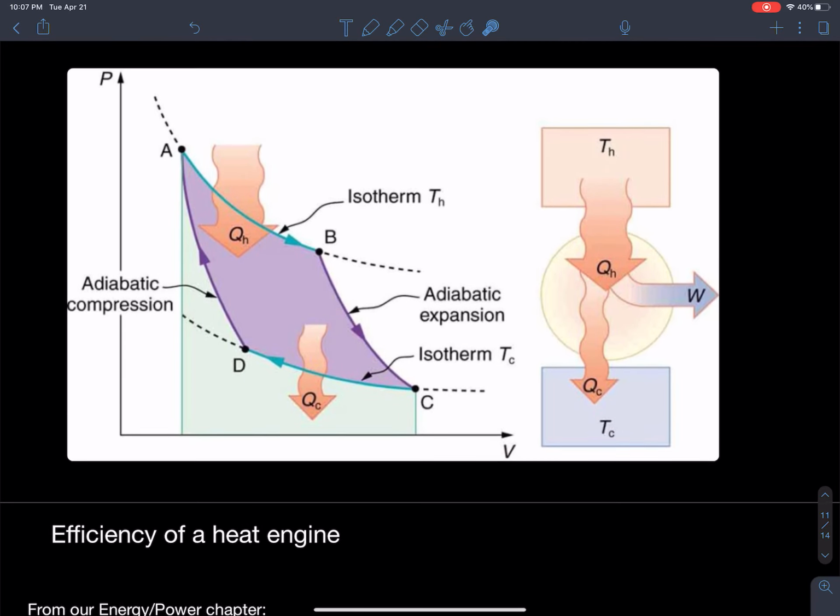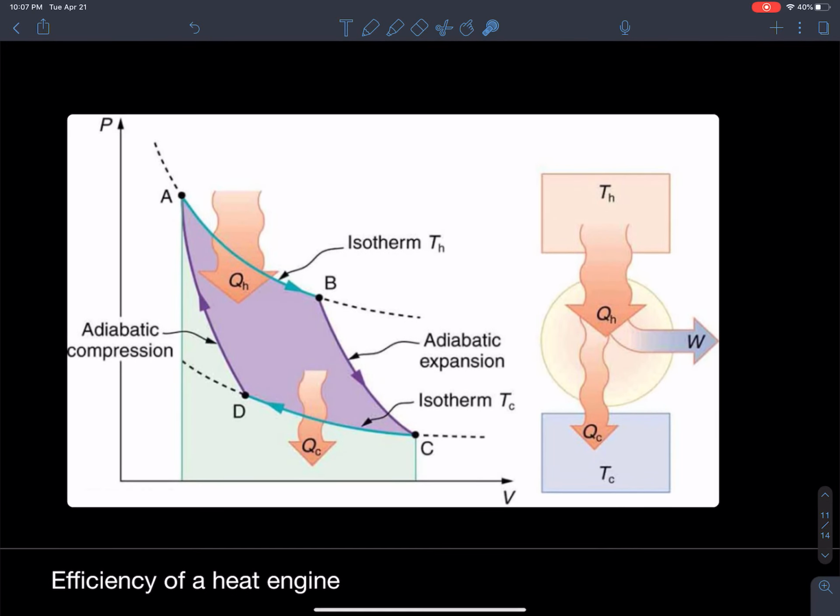Just to go over that process again, the Carnot cycle was developed for a heat engine. The engine isn't going to make work out of nothing. The work being created by an engine is being created by heat flowing into the engine. And what we know from the laws of thermodynamics is that we would never be able to convert all of that heat energy into useful work.